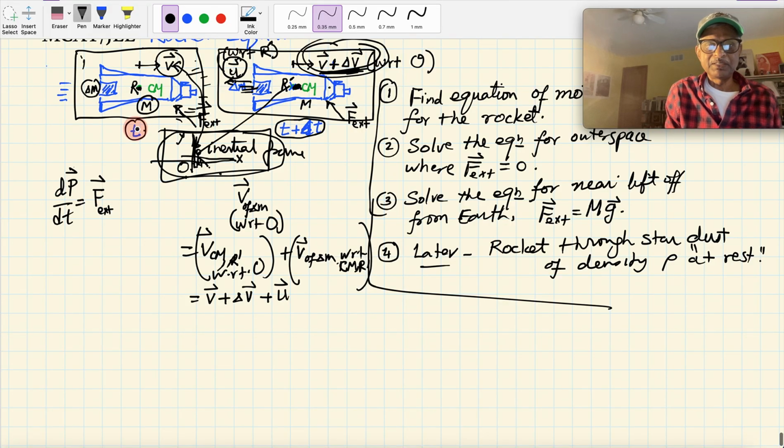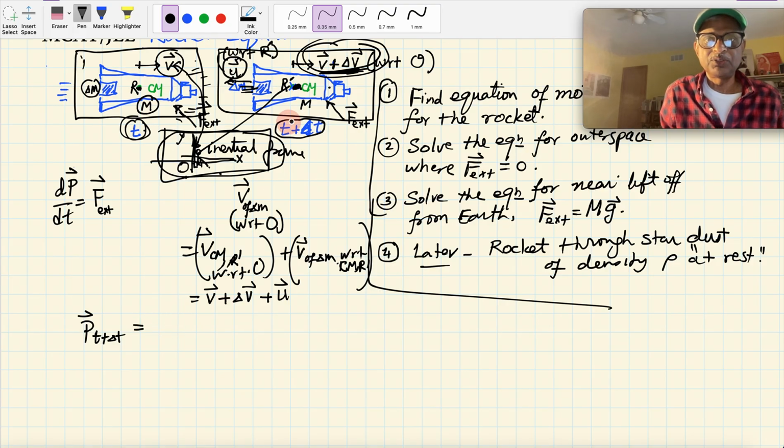We already know what is time t; what is p at time t plus delta t? That just turns out to be also the masses. I forgot to mention: the mass of this part we're going to call m, and the mass of this part we're going to call delta m.